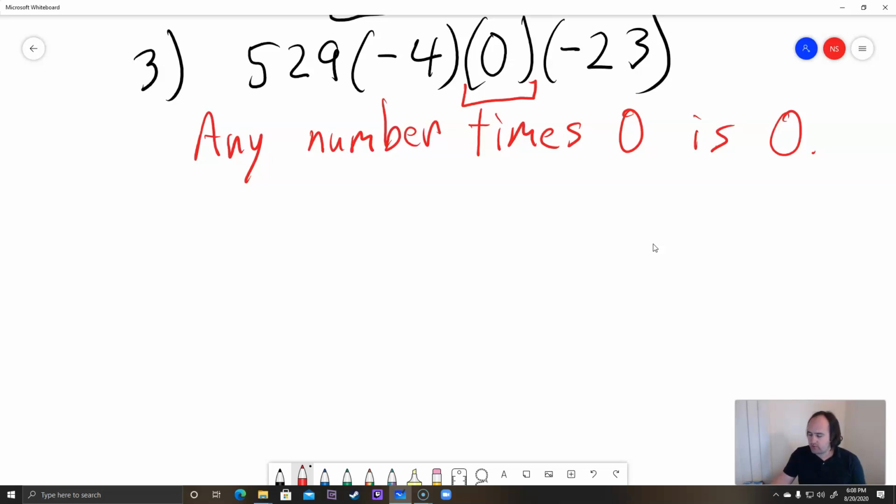Because 0 is multiplied times these other numbers, our answer is just going to be 0. So everything else cancels out, and we just get 0 as an answer. So be on the lookout for that. If you're just multiplying, you have a bunch of numbers, but you see a 0 somewhere, that's going to get rid of everything, and you're going to get 0 as your answer. Okay?